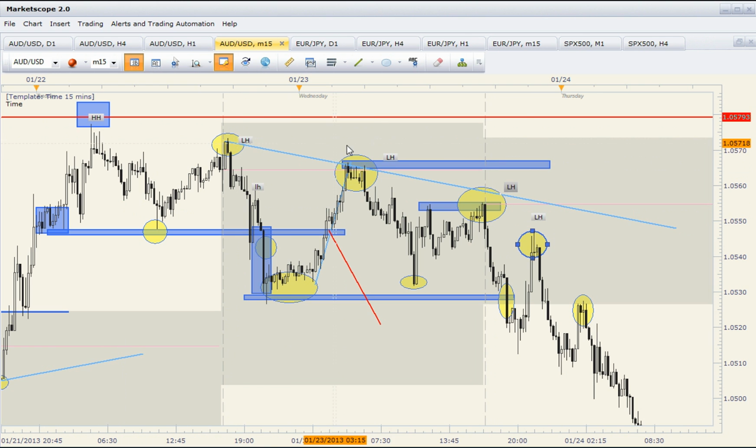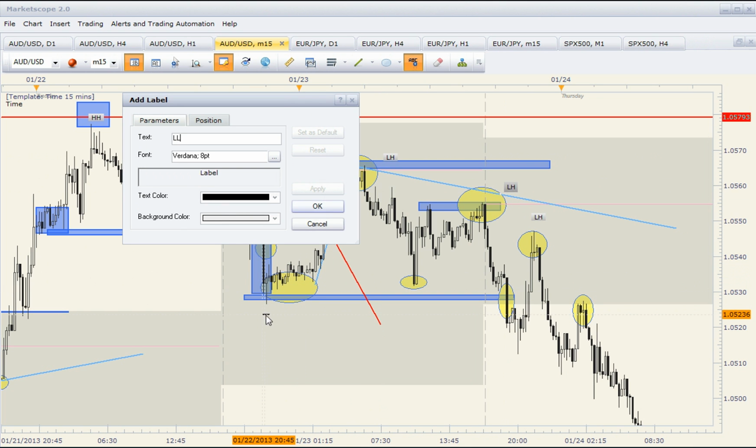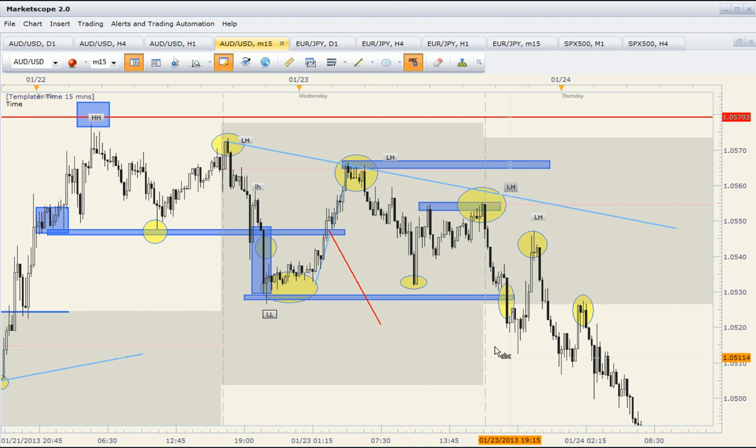In fact, it's forming lower highs, and each of these lower highs is producing new lower lows. This one here, and then this one here. So if we have new lower highs, new lower lows, break of all kinds of structures, break of structure here, break of structure here, break of structure here.